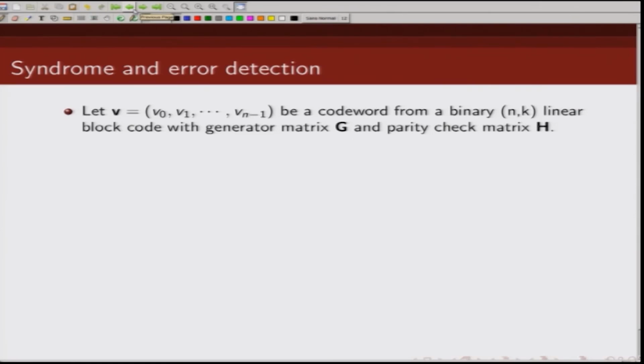So, we know so far if we have an (n,k) linear block code, that means we have k information bits and n coded bits, and this (n,k) linear block code is completely described by a generator matrix and a parity check matrix.